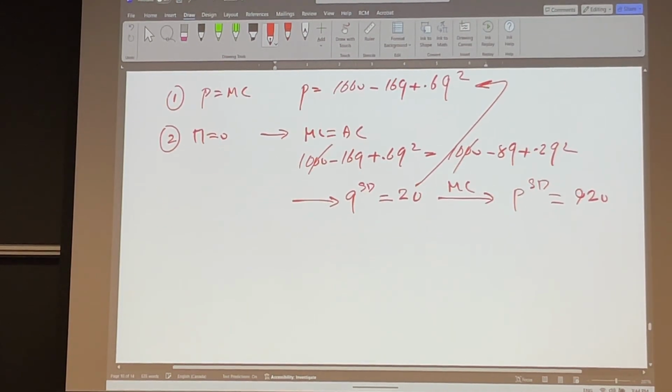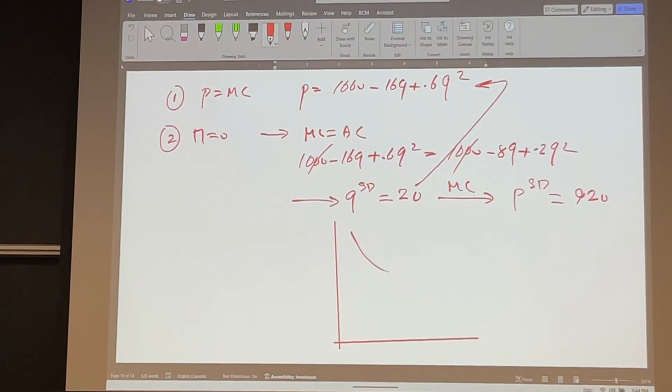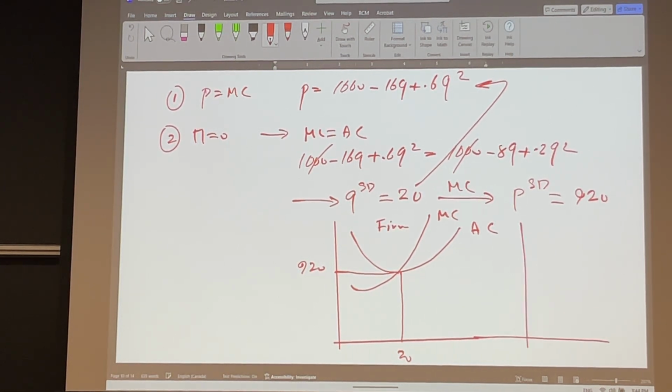So graphically, let's see what we did. We took the firm, looked at average cost and the marginal cost, and we found the shutdown quantity and shutdown price. This is for the firm. Let's go to the market, see in the equilibrium what would be the demand.